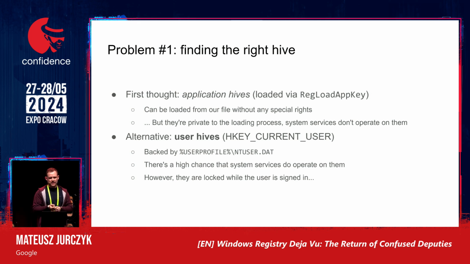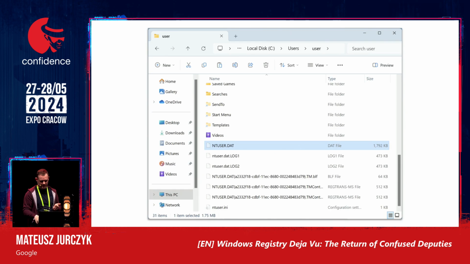User hives are backed by the NTUSER.DAT file, which is placed in the home directory of the given user. There is a high chance that a system service will perform some kind of operations on HKEY_CURRENT_USER, for example, when the user is signing in or signing out. But the problem is that user hive files are locked by the system when the user is logged in. So you cannot modify a user hive at the same time as that user is signed in.